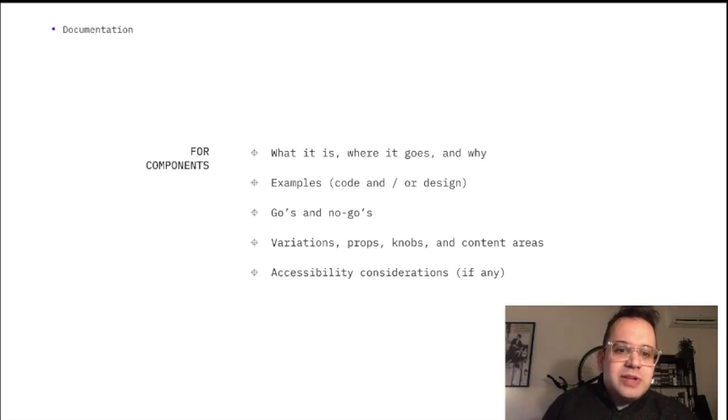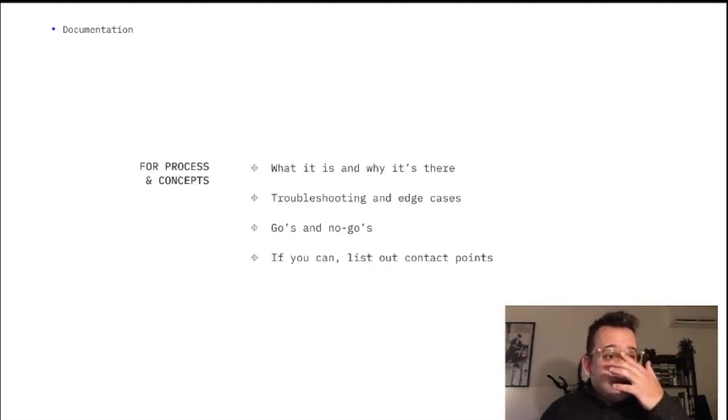What I would love to see more from the design systems community, though, is documenting things that aren't just components. Documenting your tech stack, documenting your processes if you can. If you're doing internal documentation, who to talk to about certain aspects of your design system is really important knowledge, especially in bigger companies.